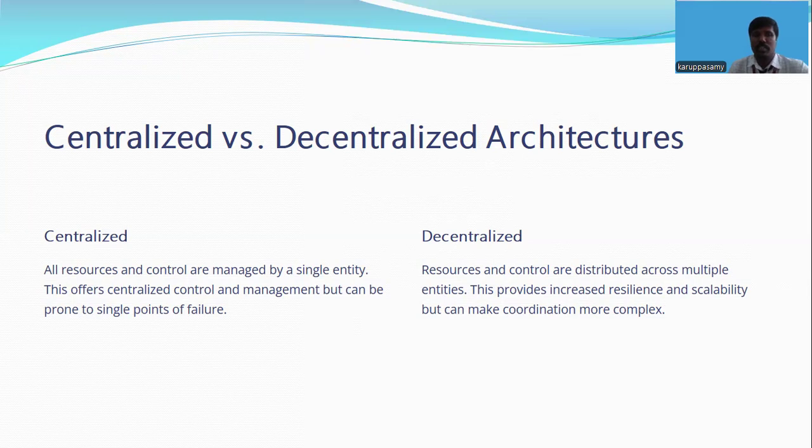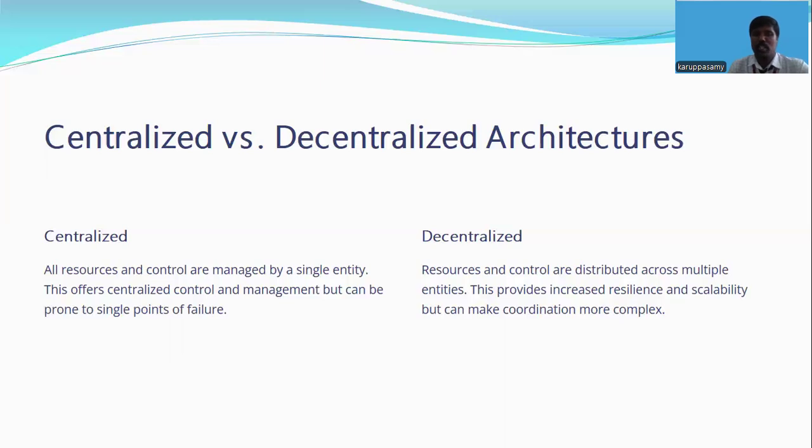The centralized versus decentralized architecture. In the centralized architecture, all the resources are controlled and managed by a single entity. Therefore, with the help of the single entity, we control all the architecture resources.